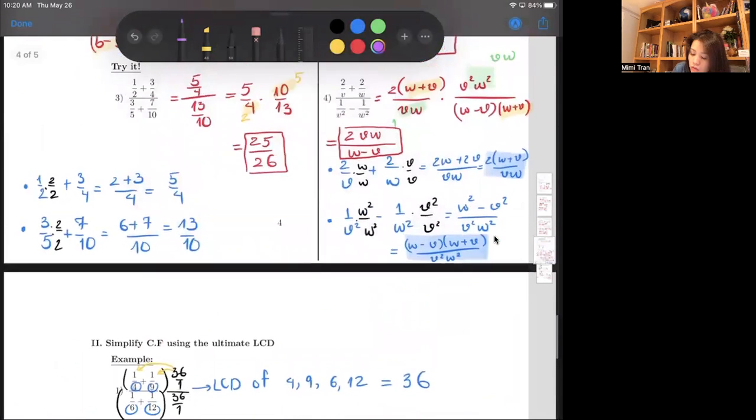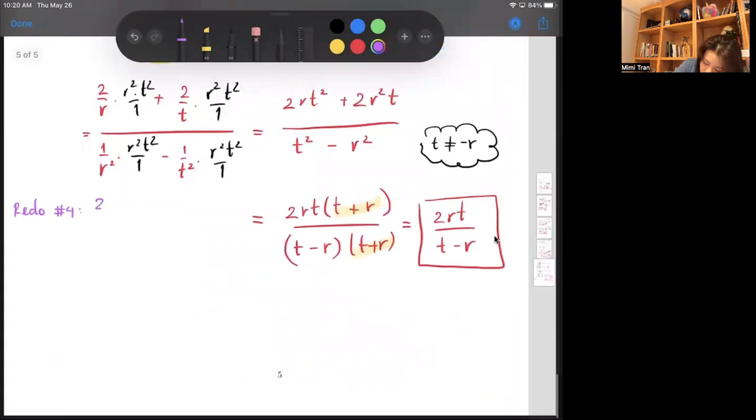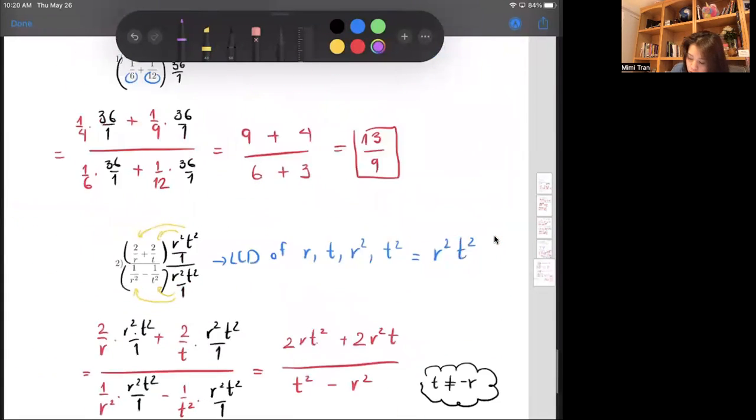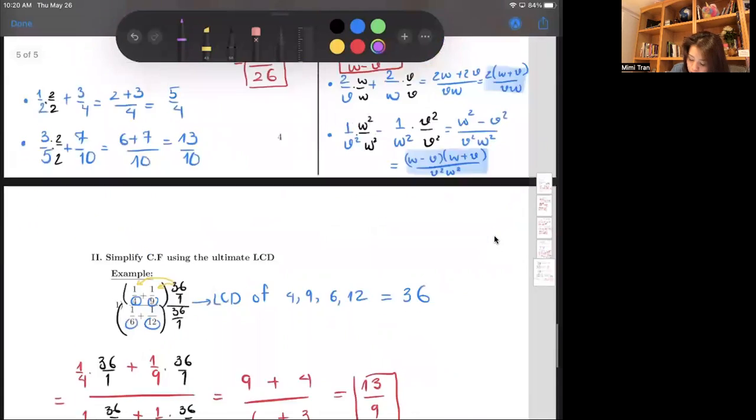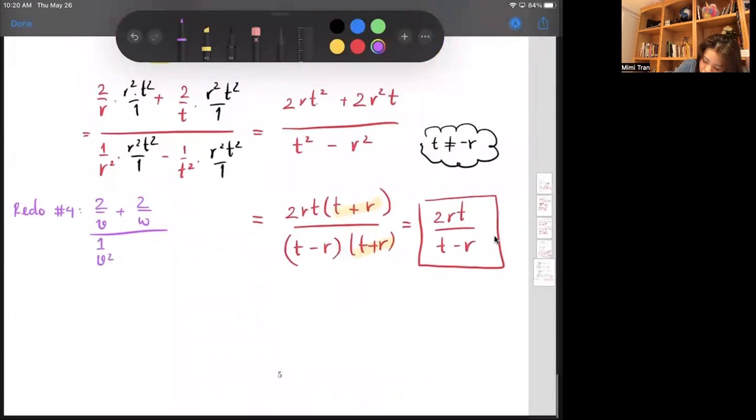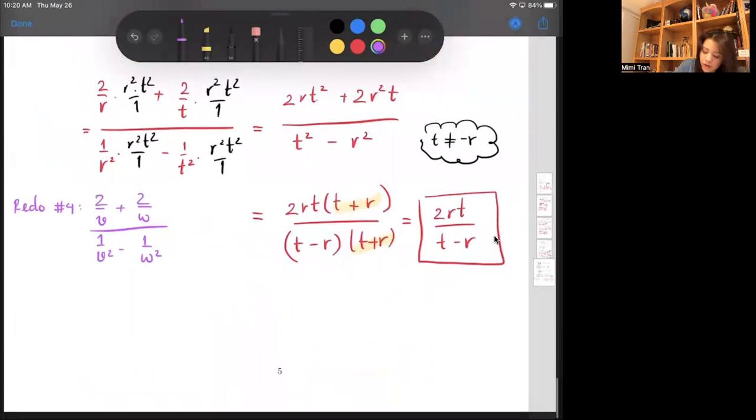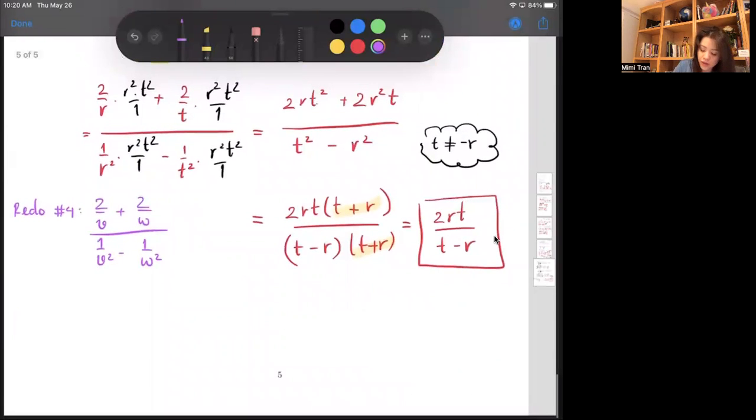I got 2 over V plus 2 over W, all of that over 1 over V squared minus 1 over W squared. Okay, so the LCD here is the LCD of everybody.